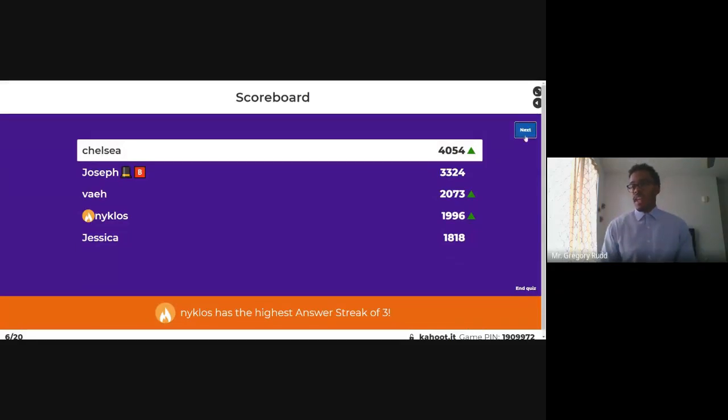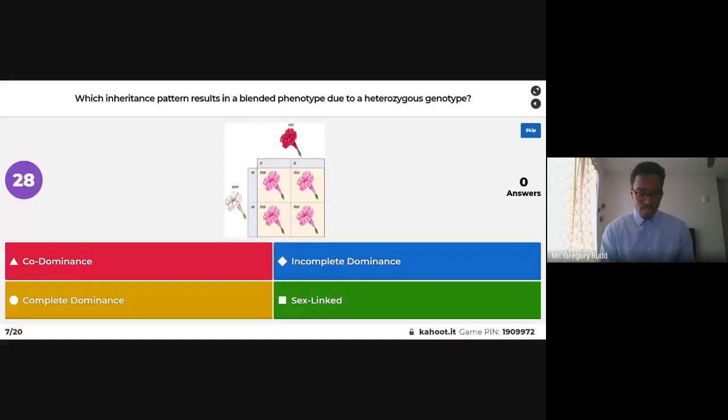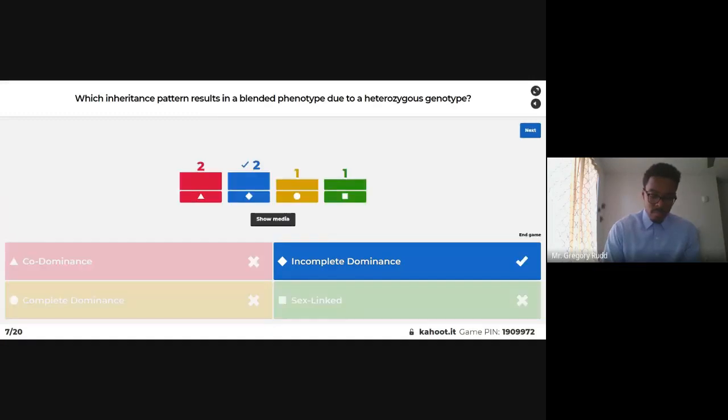All right. Which inheritance pattern results in a blended phenotype due to a heterozygous genotype? Good, incomplete dominance.